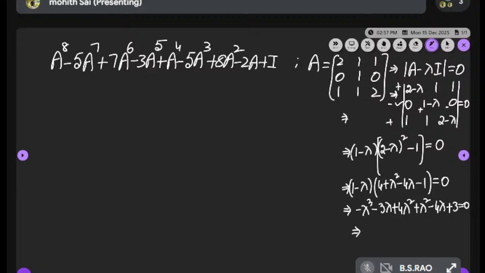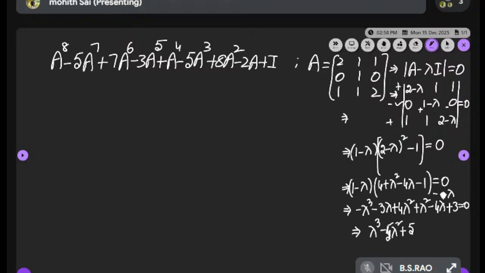So the characteristic equation is lambda cube minus 4 lambda square. Actually here you are getting one more lambda, minus lambda minus lambda, plus one more lambda. So therefore this is minus lambda, so plus 5 lambda square.